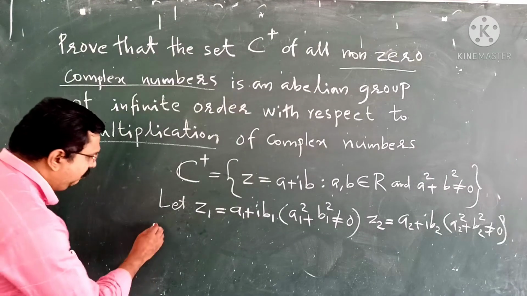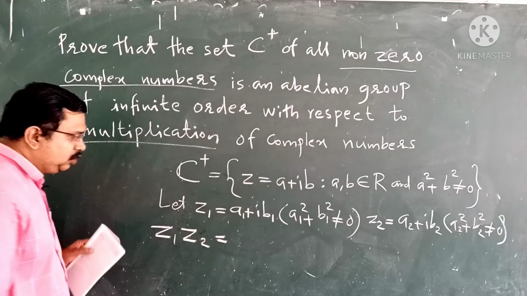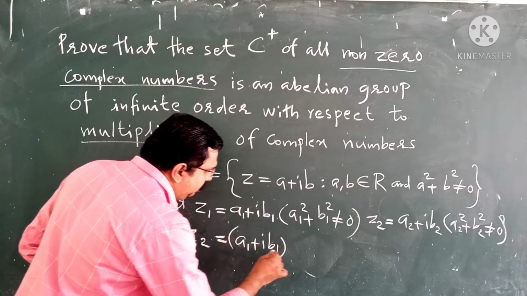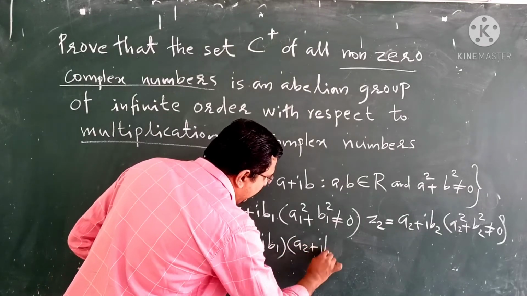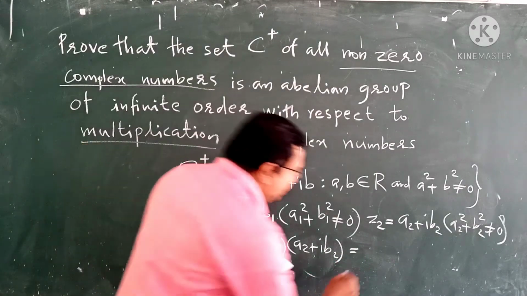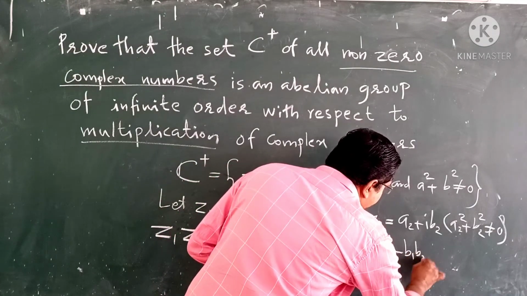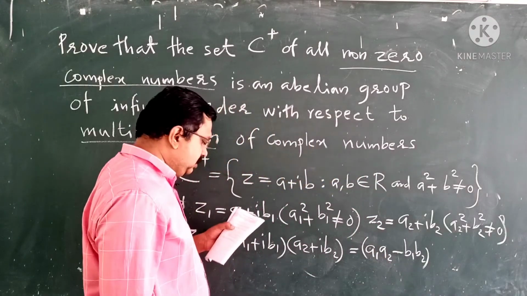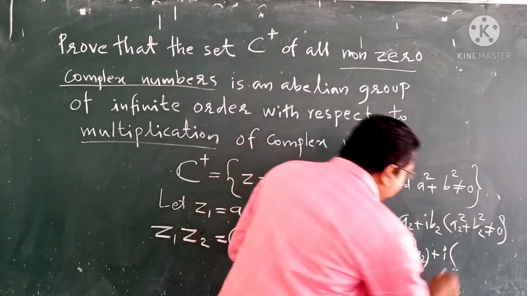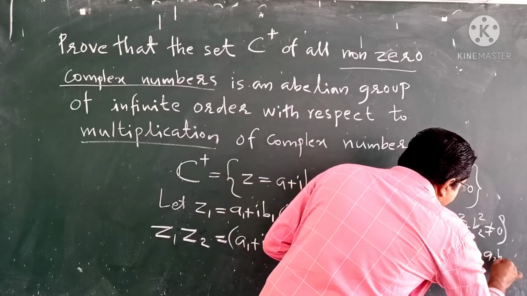Now, what is Z1 into Z2? Z1 into Z2 is equal to A1 plus IB1 into A2 plus IB2, which is equal to A1 A2 minus B1 B2 plus I into A1 B2 minus A2 B1.